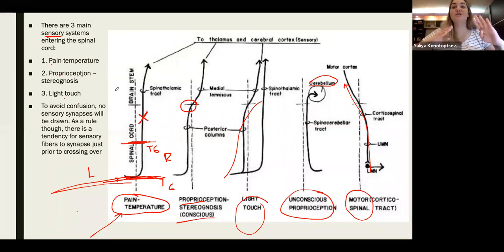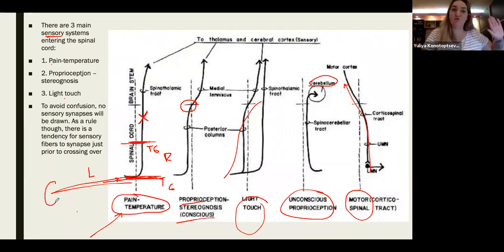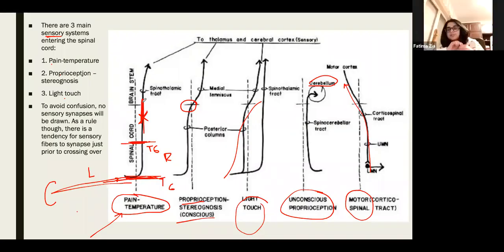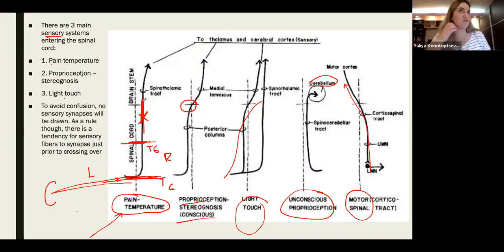So if the crossing happens, the neurons which are carrying the information from the left side are creating a tract which is located on the right side. So if I damage this tract, if I have a stroke, I have infection, I cut my right side completely, the tract, I lose the sensation on the left side.